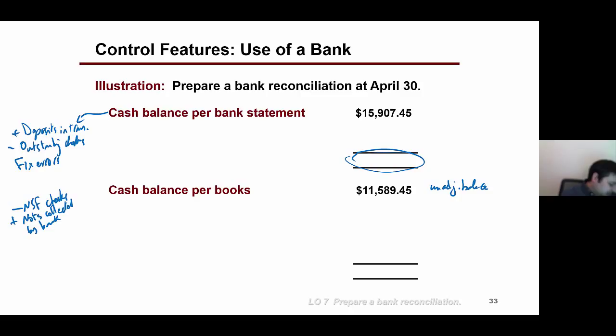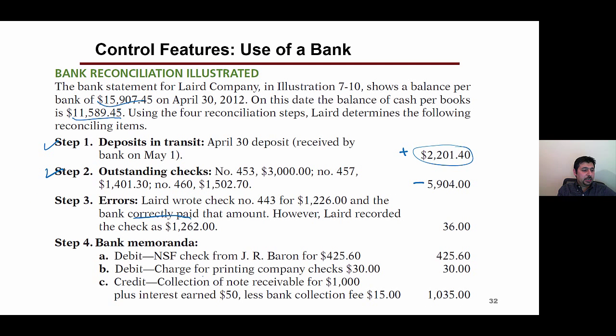We have to take into consideration bank memoranda, so we need to subtract any charges by the bank, add any interest that was earned, and we need to fix errors. So let's see here what we had.